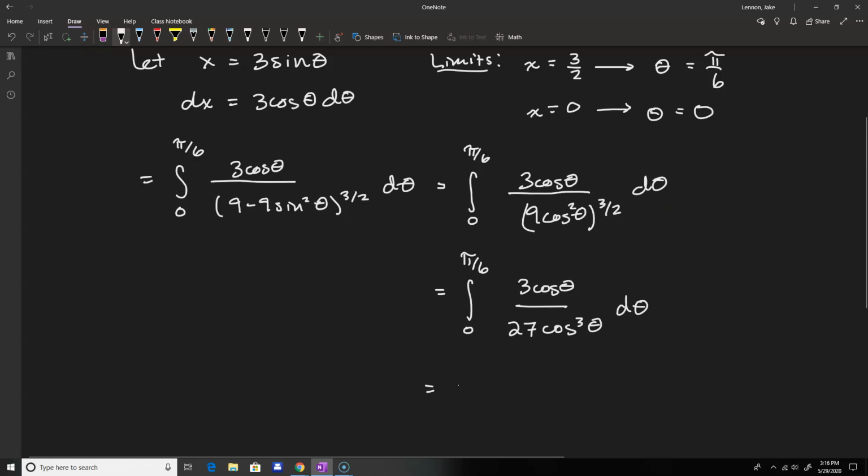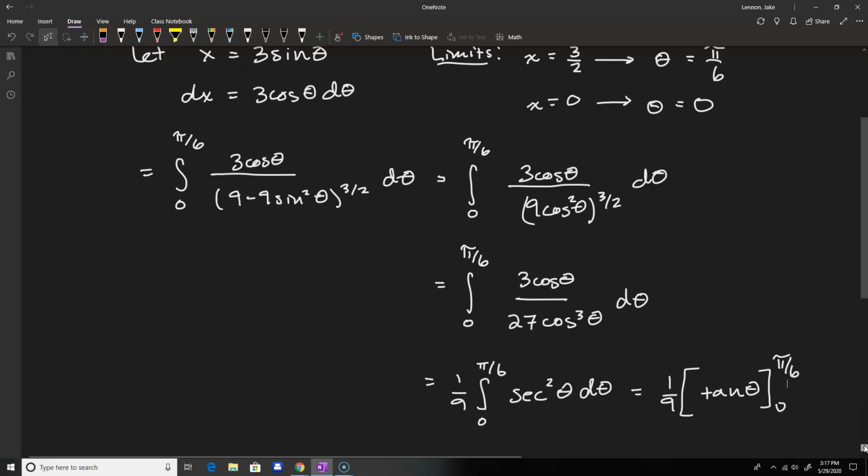Okay, so now we're just going to be left with 1/9 integral from 0 to pi over 6. And cosine theta over cosine cubed theta simplifies to cosine squared in the denominator. So that is really just secant squared theta d theta. So really that's all we have here: 1/9 times the antiderivative of secant squared, which is going to be the tangent of theta from 0 to pi over 6.